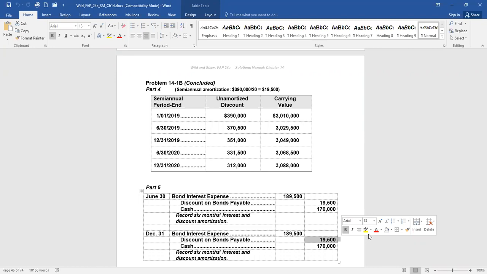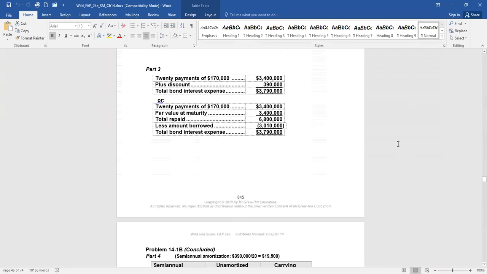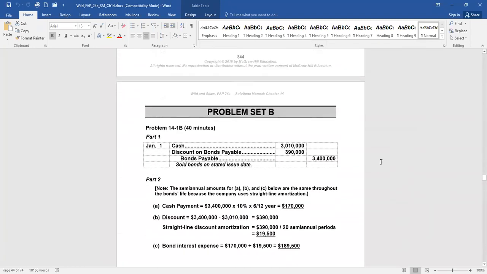So when we sell a bond at a discount, it is sold that way because the interest rate on our bond is less than the market interest rate. And to make up for that difference, we sell the bond for less. We store that difference in the discount on bonds payable.